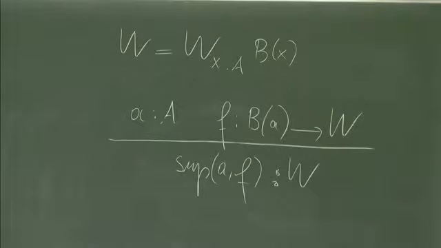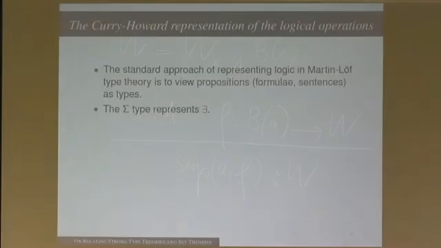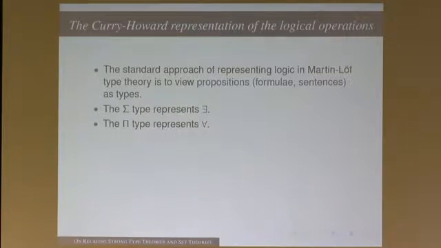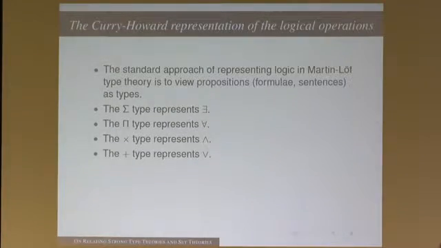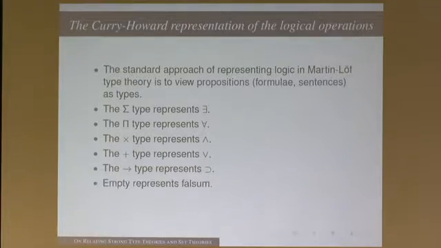Here in type theory, these things can be represented via the Curry-Howard representation, so basically the sigma type can be used to represent the existential quantifier, and so on, the Pi type the for-all quantifier, and then the product type to represent conjunction, and so on. So this is the usual way.